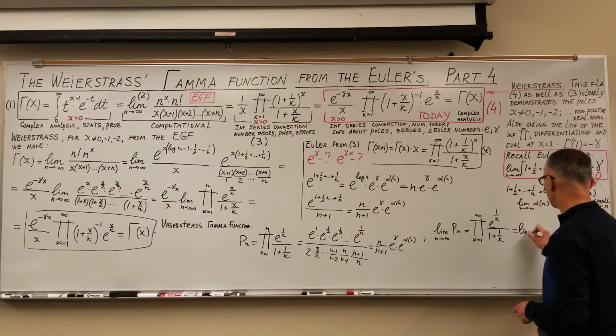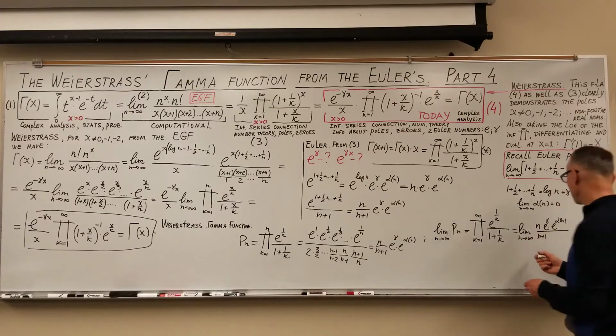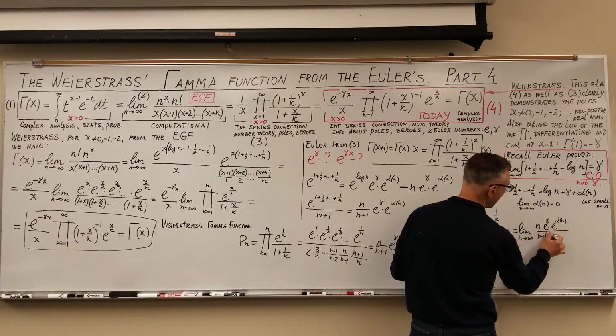It's equal to the limit of n, e to the alpha n, over n plus 1, as n goes to infinity, and that's an easy limit. You all know that n over n plus 1 goes to 1.